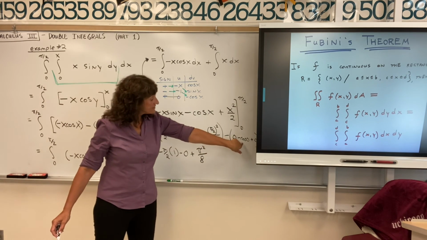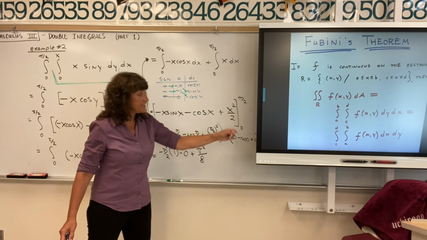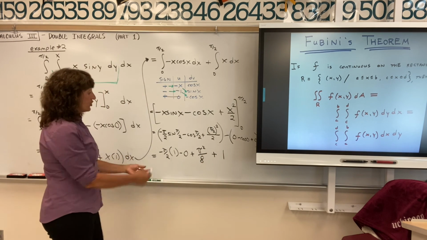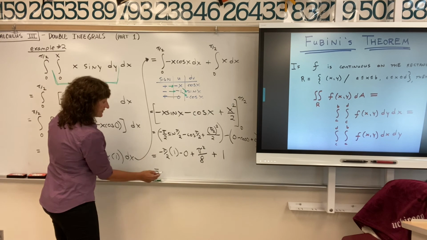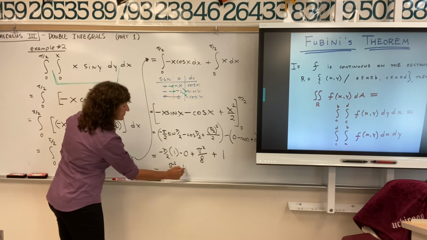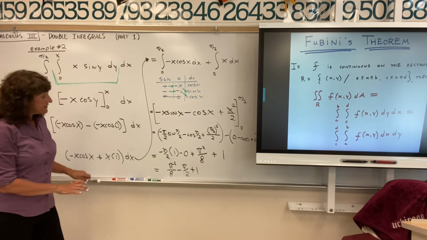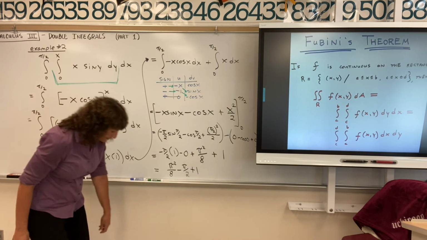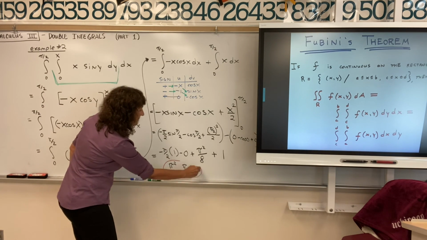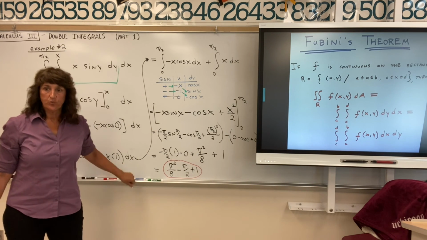And then we do have a minus cosine 0 here, with a negative, so that's positive, and cosine 0 is 1, okay? So your answer, I guess we can write it maybe pi squared over 8 minus pi over 2, and then plus 1, and here is the answer to example 2, all right? So your answer to example 2 is pi squared over 8 minus pi over 2 plus 1, okay?